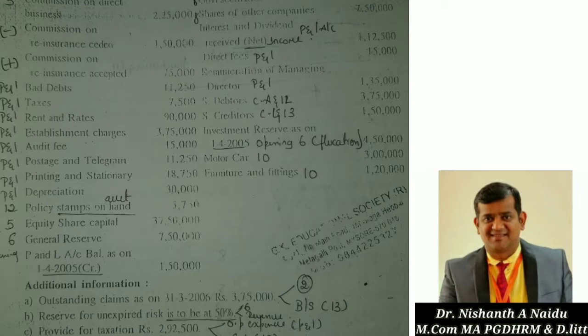C, provide for taxation 2,92,500 rupees. This is the information he has given to solve the problem. We have to prepare the fire insurance final accounts. Let us look into the solution part without any further delay.